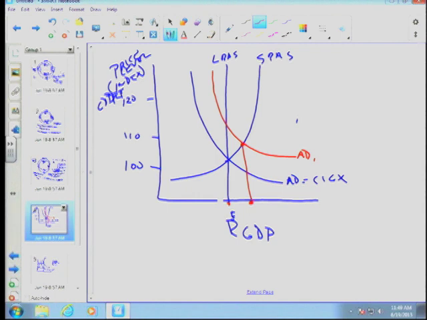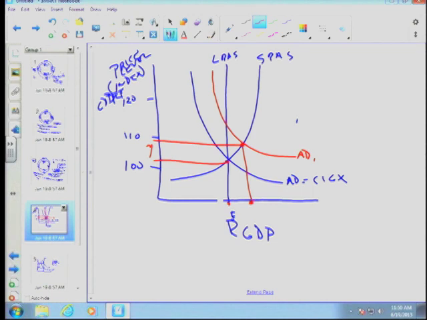When aggregate demand shifts out, what happens to the price level? The price level rises. The prices of all goods increase. But have the costs of manufacturing these goods increased? No. So when the price of these goods rises but the cost remains the same, what happens to profits? They rise. Will manufacturers want to increase output? Yes, they will.